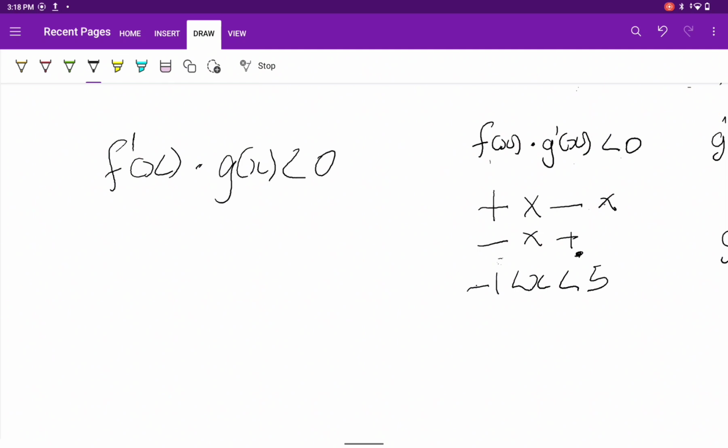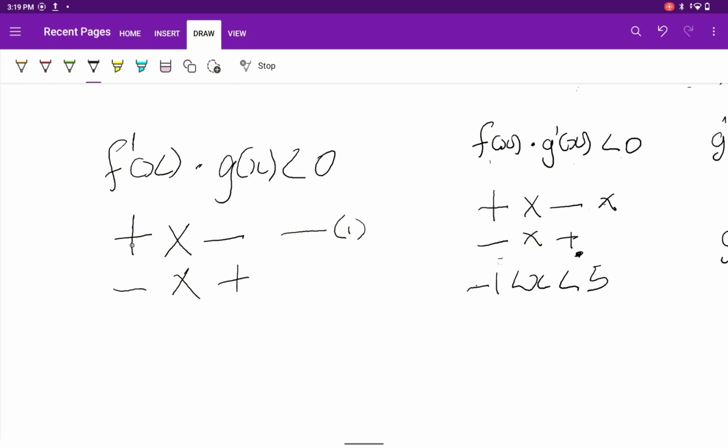Now this is a different situation altogether, because we still want a positive times a negative, or a negative times a positive. Right, so in this case, let's look at number 1.